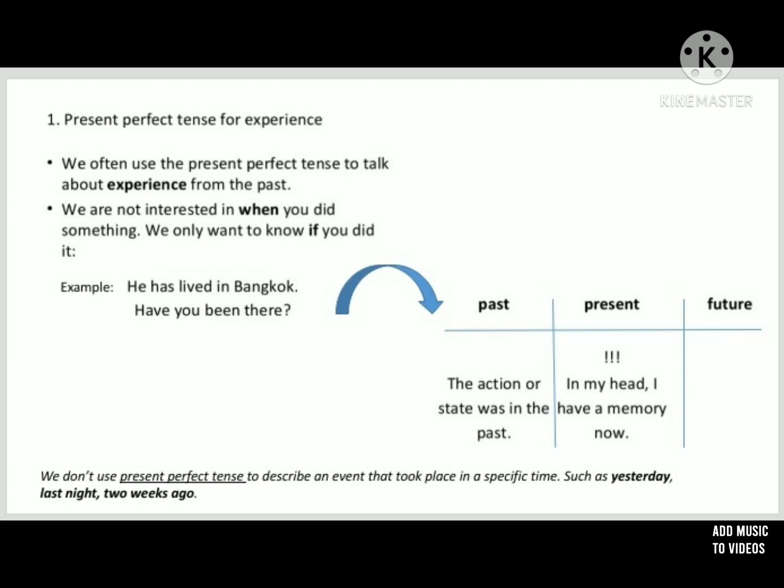So these actions or states were in the past. Look at the chart here. So these actions took place in the past and it remains as a memory in the present. Right? So we don't use present perfect tense to describe an event that took place in a specific time. We are not considering the time, but we consider whether it has happened in the past or not.